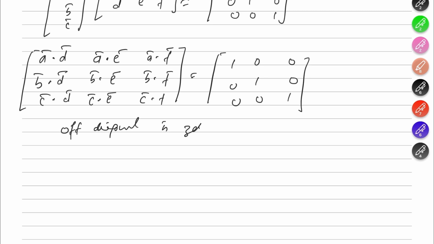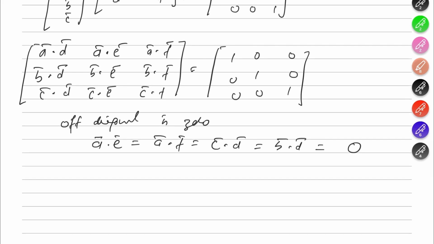That means A dot E is equal to A dot F is equal to C dot D is equal to B dot D, and so these are all 0. So what does it mean? Let's go one by one. So let's say B dot D is 0.